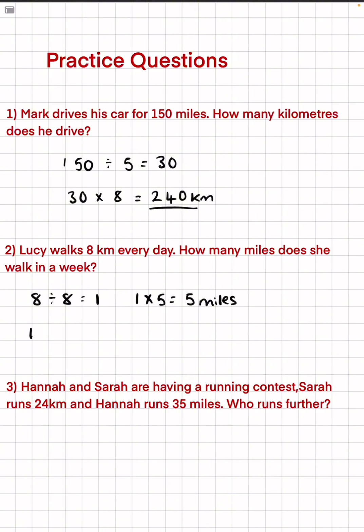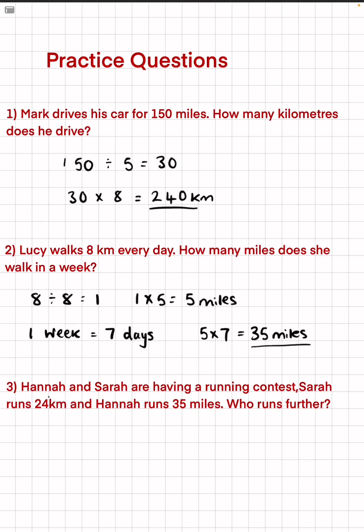We know that 1 week equals 7 days. So 5 times 7 equals 35 miles. So Lucy walks 35 miles in a week.